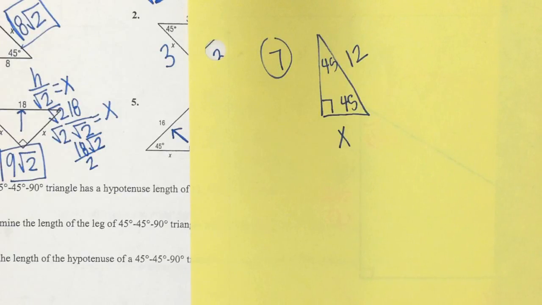Will you check my work to make sure? Plug in 12 for your hypotenuse. Oh, so I got 12 over 12? This is your H. Plug in 12 for your H. Oh, okay. Yes, that's right for number 7.